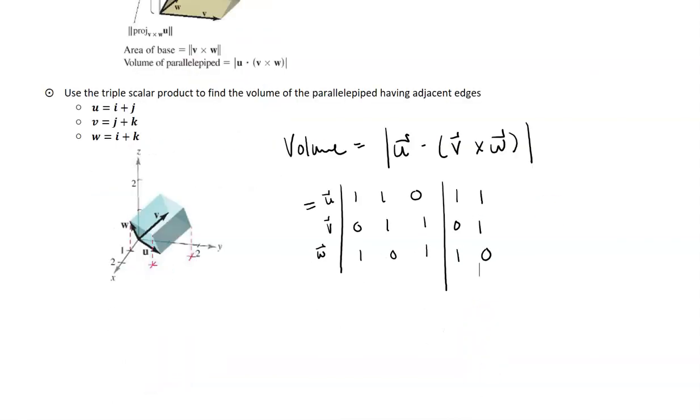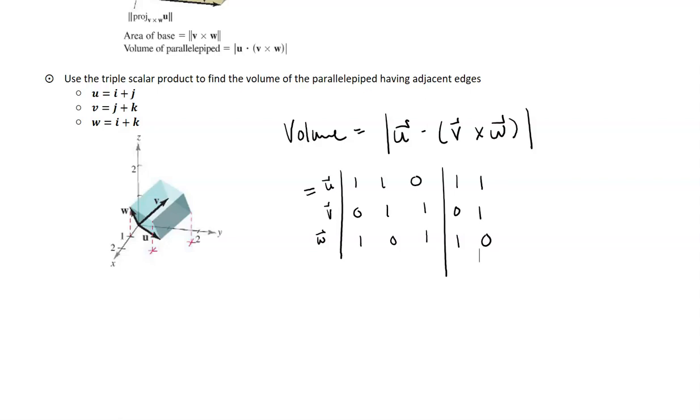Now from here, we just act like any old determinant that we've been finding. The only difference is we're not going to have i's. So forward direction, we'll have 1 times 1 times 1. And we are taking an absolute value of all this in the end, so just keep that in mind. So forward direction, we'll have 1 times 1 times 1 plus 1 times 1 times 1 plus 0.